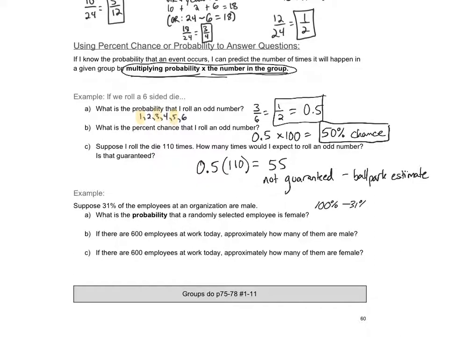If I take away the 31% that are male, then that leaves me with 69% that are female. And as a probability, I simply divide by 100 to get it as a decimal. And to use the probability notation here, you can write that as probability of female.